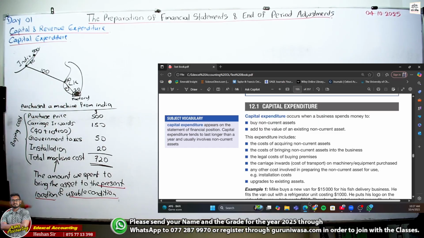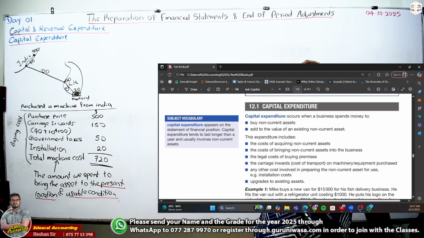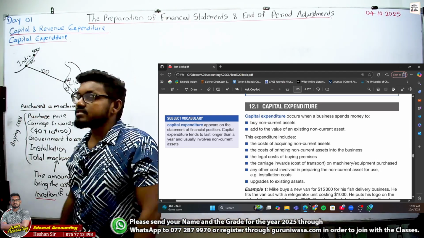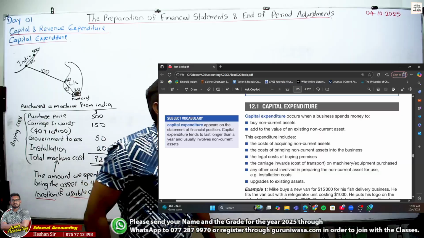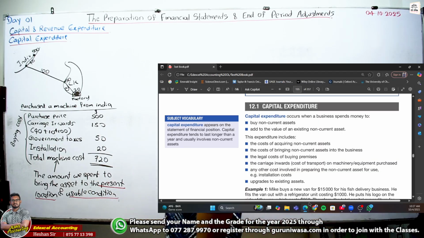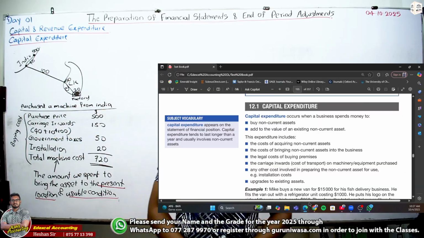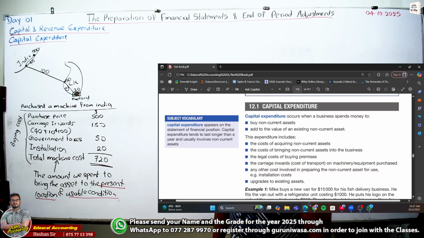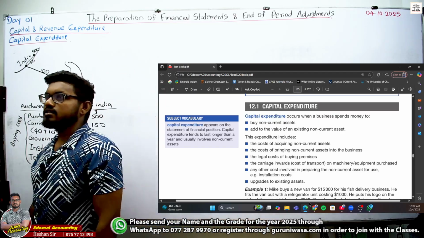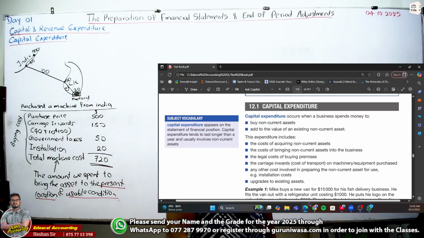We need to come and fix it. This is not about repair. Send me a thumbs up. We need to spend all the amounts to bring the asset to the present location and usable condition. Is it clear? That's why the first one is the buying cost of the non-current asset: the cost of acquiring it, bringing it to the business, legal costs of buying premises, carriage inwards, preparing the non-current asset for use, installation, upgrading existing ones, those kinds of things, right?